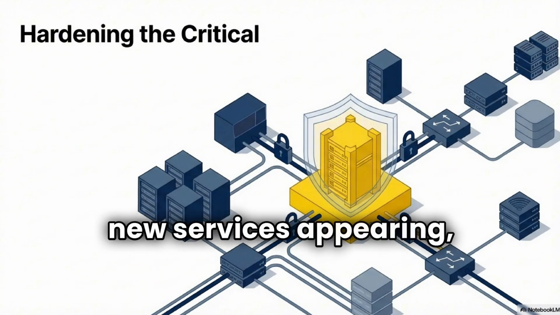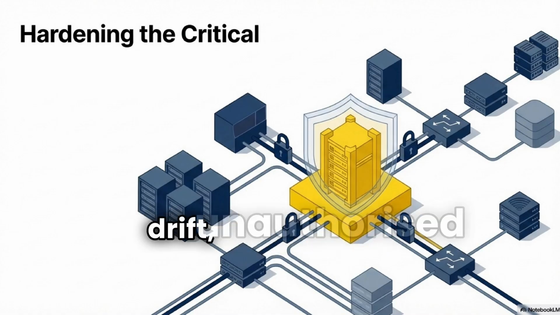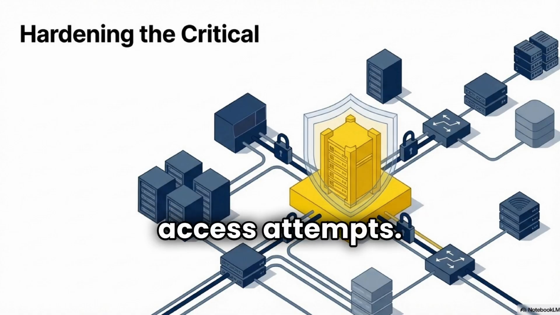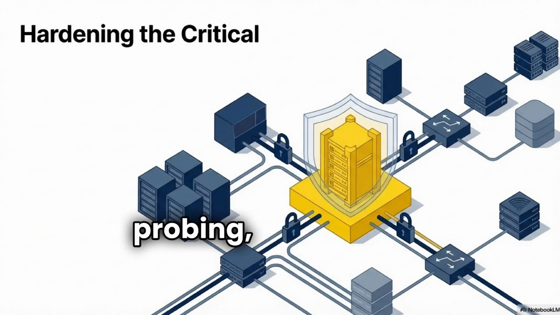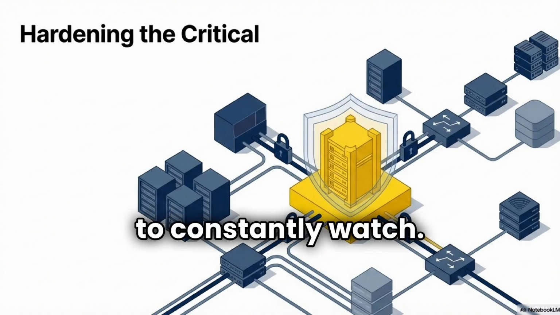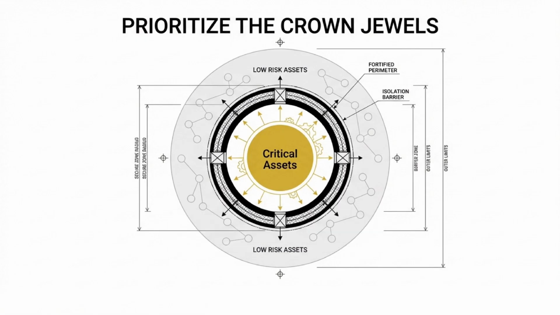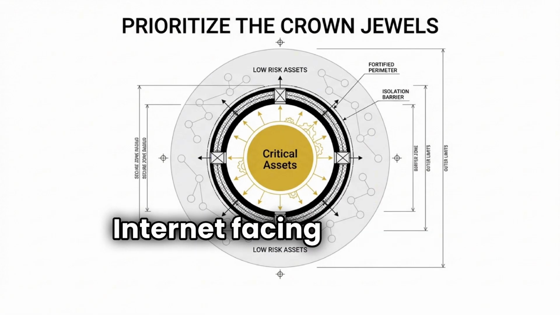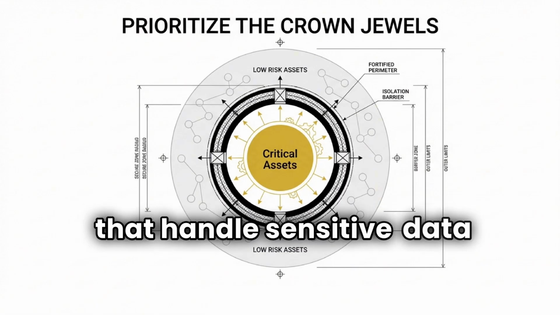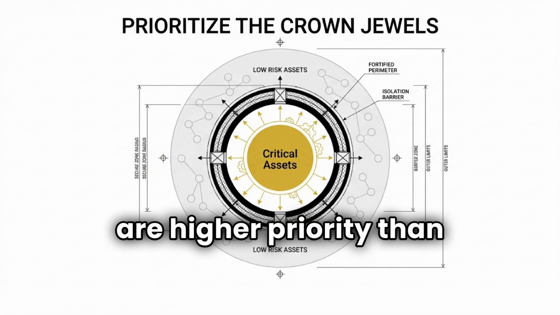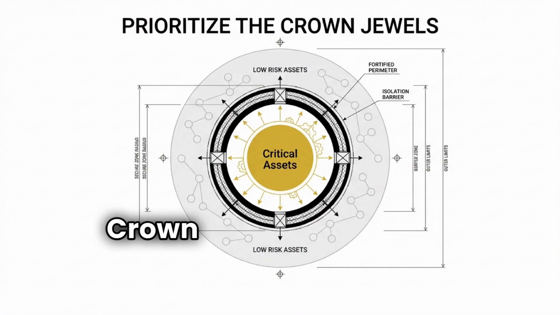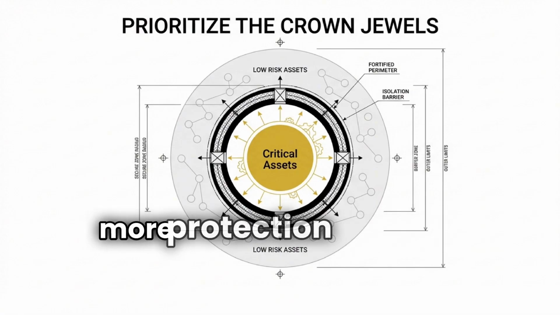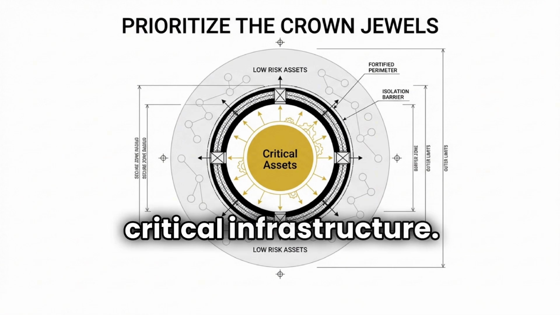New services appearing, configuration drift, unauthorized access attempts. Attackers are constantly probing, so you need to constantly watch. And then there's prioritization. Not all attack surface is equally important. Internet-facing systems that handle sensitive data are higher priority than internal test systems. Crown jewel assets need more protection than less critical infrastructure.